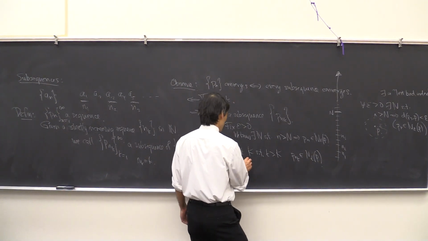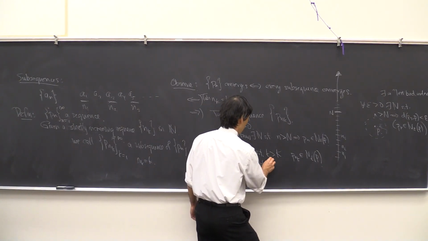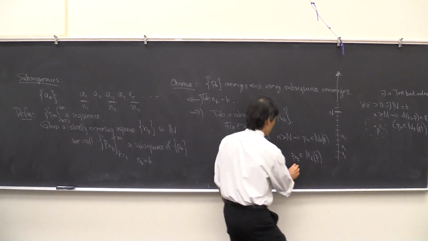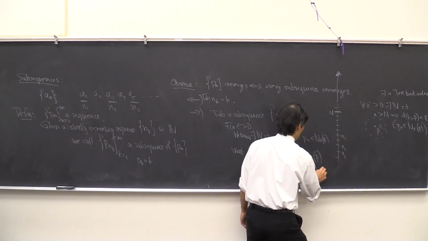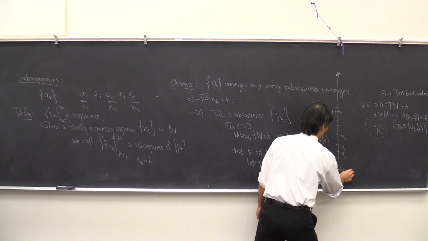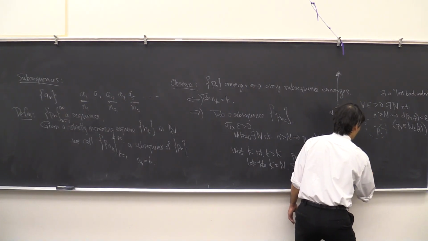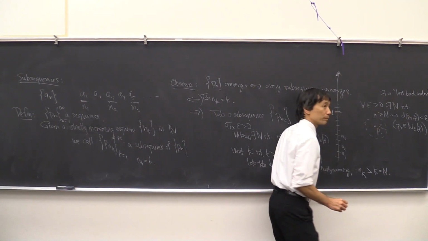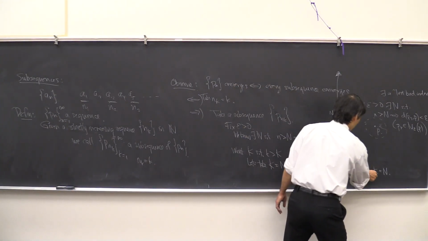So Harrison says, well, let's take k equal to n. Since n sub k is strictly increasing, n sub capital K must be bigger than or equal to k, which is n.